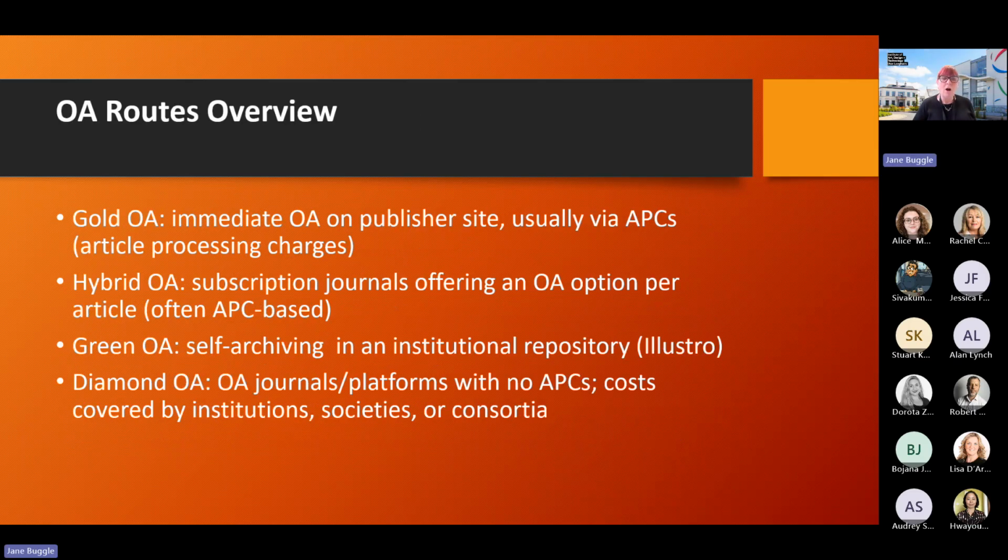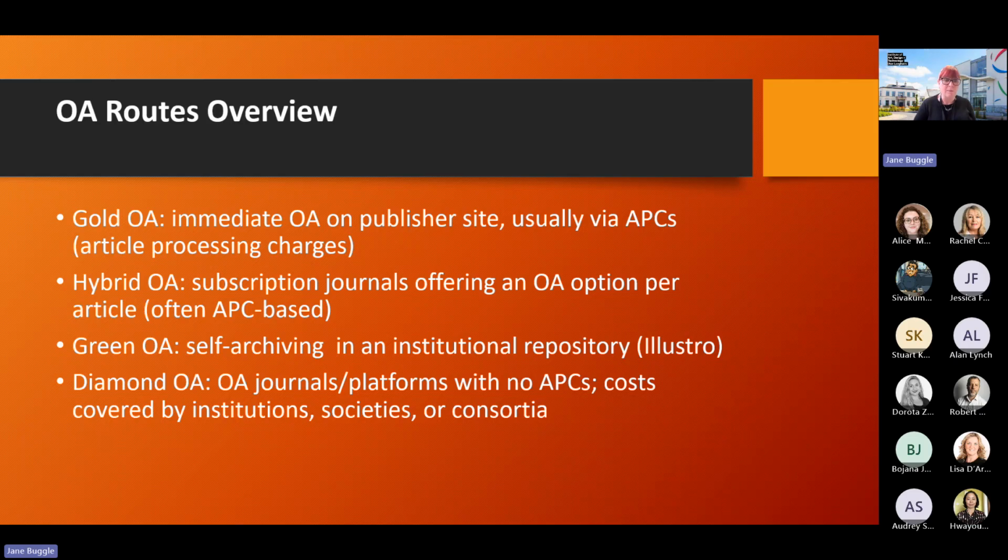So what are the OA routes available? Gold OA is immediate open access on publisher sites, usually through the payment of an article processing charge. Article processing charges can be really high: the lowest ones are in the high hundreds, and the highest ones, I think, to submit an article for publication in Nature is going to cost up to $19,000.